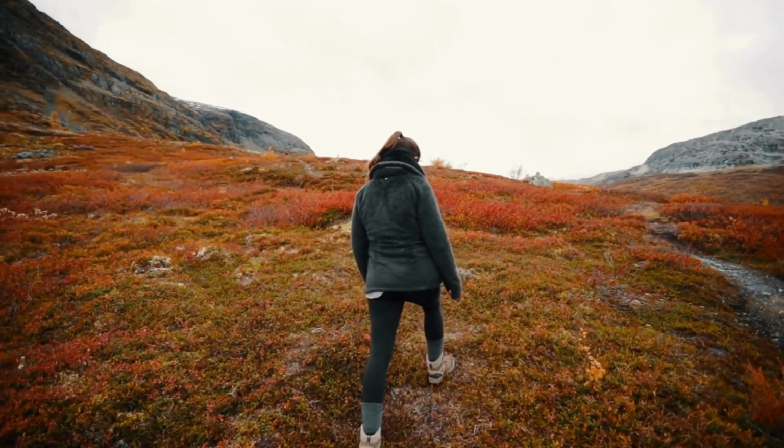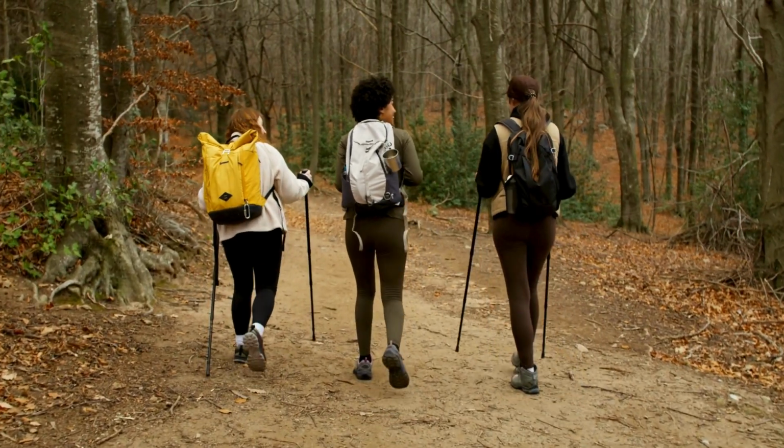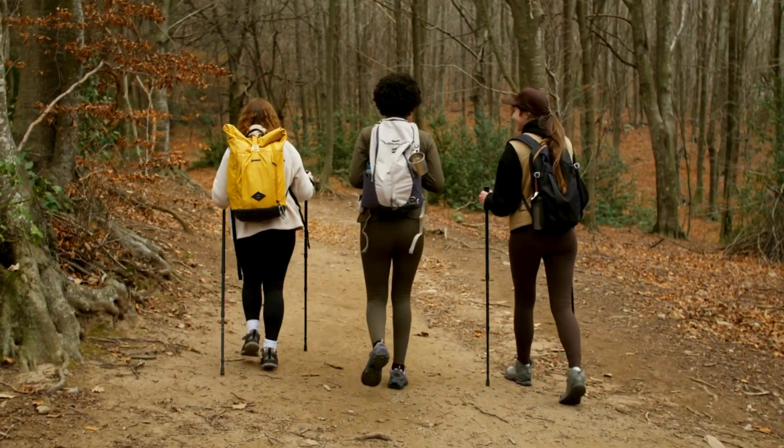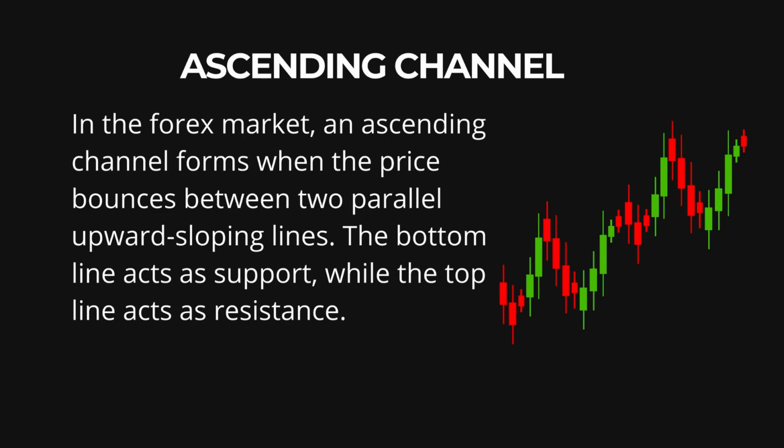Think of an ascending channel like a hiker climbing a mountain. They zigzag up the trail but keep making progress upwards. In the Forex market, an ascending channel forms when the price bounces between two parallel upward sloping lines.